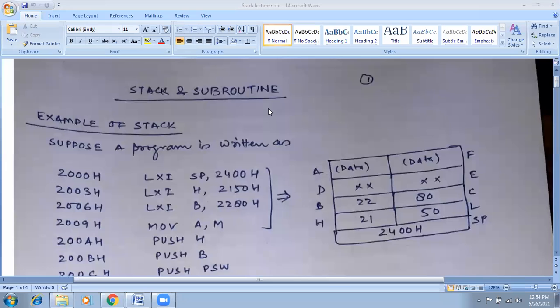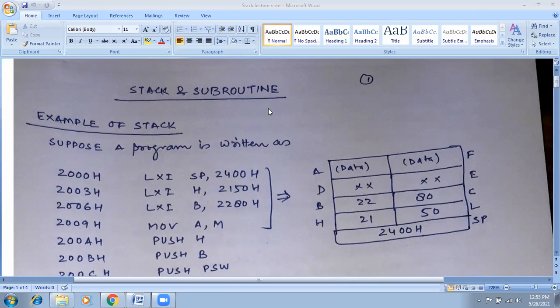Meaning thereby, whether we want to do push operation, that is storing of the data into the stack, or pop operation, that is retrieving of the data from the stack, there must be a valid memory address of the stack in the stack pointer. So that is why it is always advisable to initialize the stack pointer by a 16-bit address so that push and pop operations can be performed.